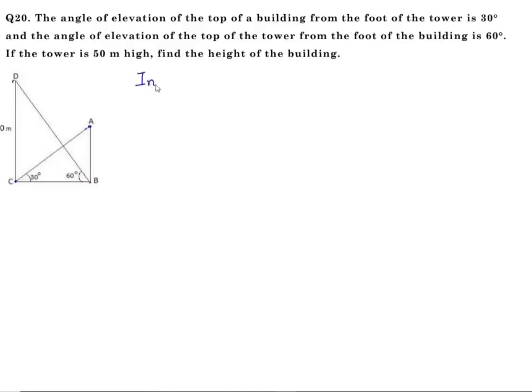First write down the right angle triangles here, that is ABC, and the one more right angle triangle we have is DCB. There are two right angle triangles in this figure, ABC and DCB.